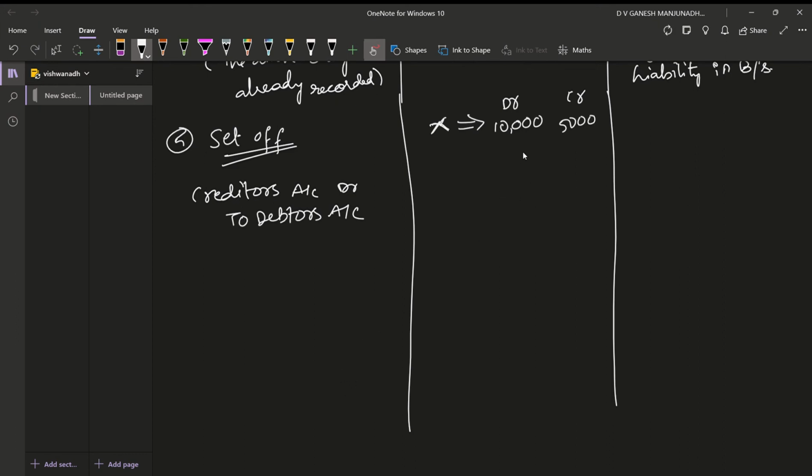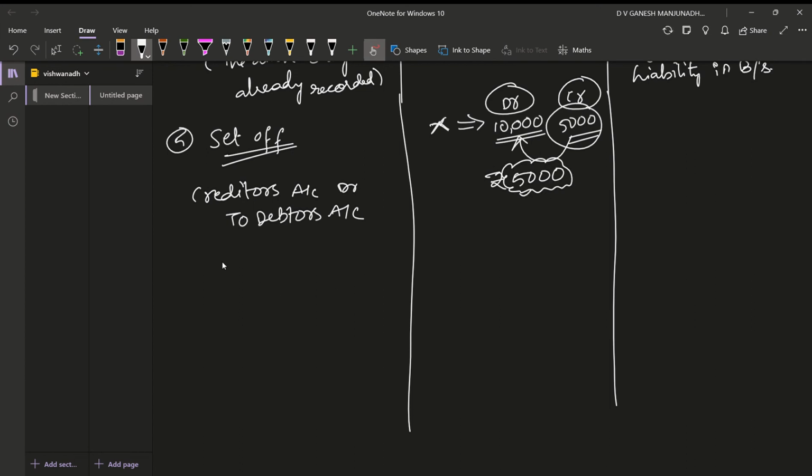That means we still have to receive 10,000 rupees from X, and we have to pay 5,000 rupees to X. X is acting as both debtor as well as creditor for the firm. Then if we set off this 5,000 from 10,000 rupees, then only 5,000 rupees is still receivable.